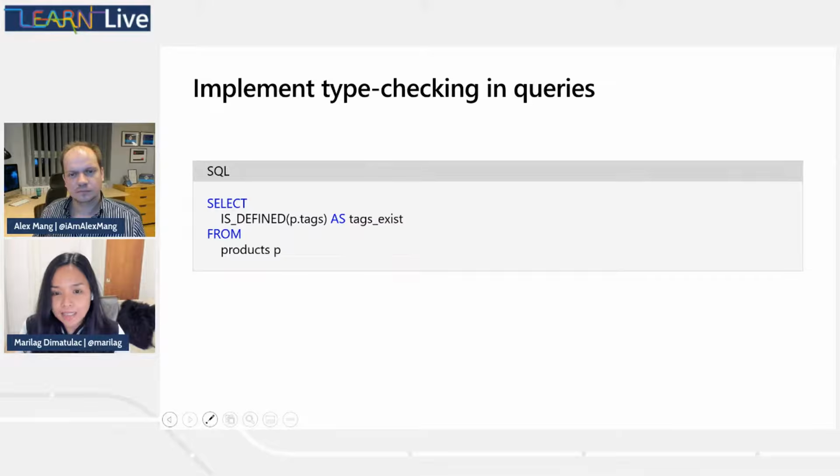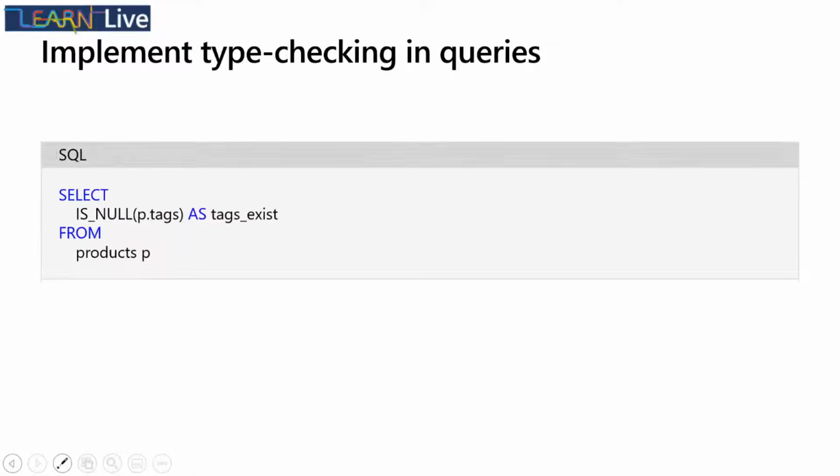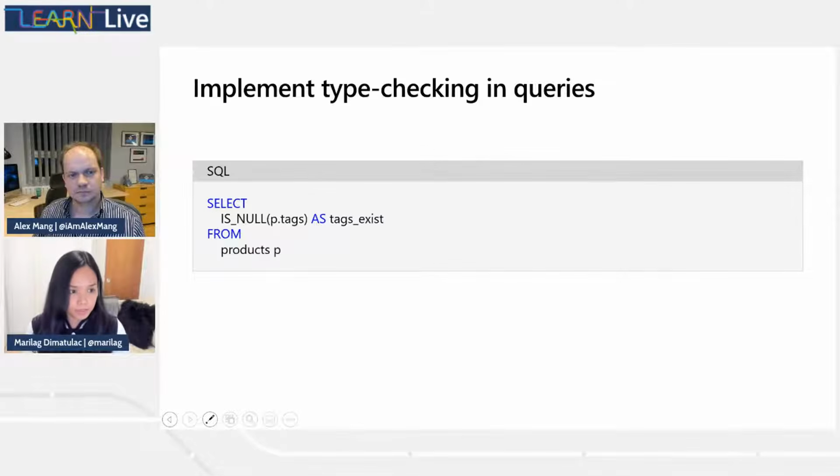That is one of the functions. The next thing we can use is null. Later on, I think Alex can explain to us, this is going to be fun, the difference between null and undefined. But for this specific query, you can also add the property tags and explicitly assign it a value of null.